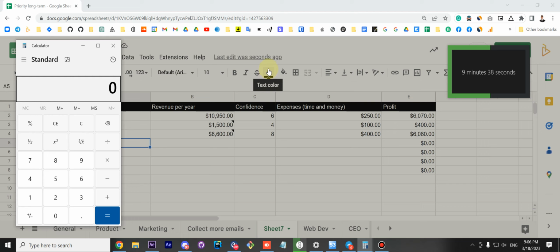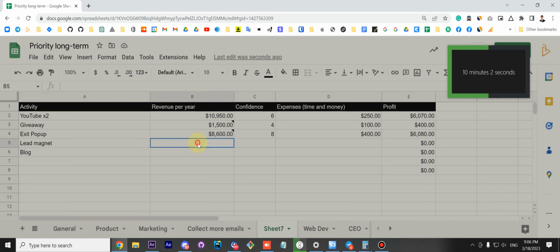Let's say you get 100 or 500 visitors per day. 4% is 20 emails. But the beauty is you set it up one time and you get 20 emails each day. So you multiply it by 365.